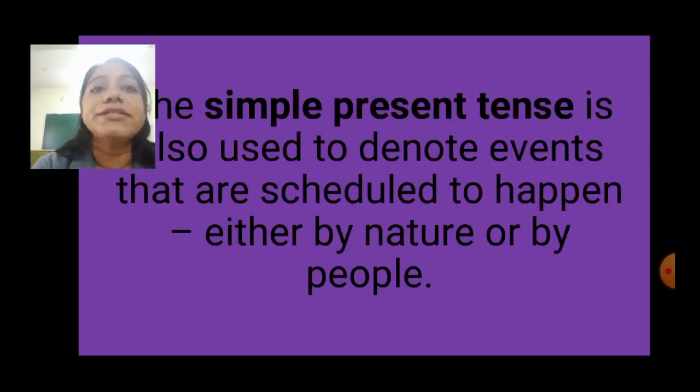The simple present tense is also used to denote events that are scheduled to happen, either by nature or by people. So when we have made a schedule, when we are talking about that event, we will use simple present tense if we have scheduled that event.